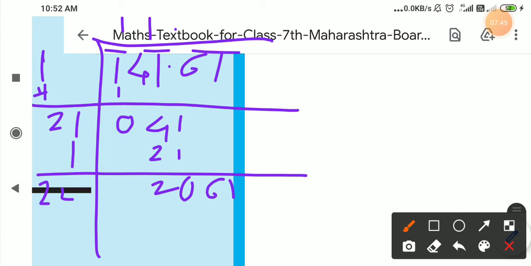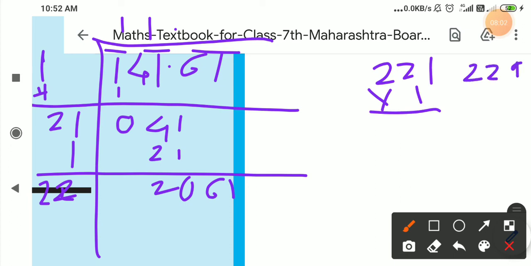Now here is the 22. On 22, I just now told you that 1 square and 9 square have 1 as the unit place number. So here we will put 221 into 1. You just try and find the answer, and 229 into 9.